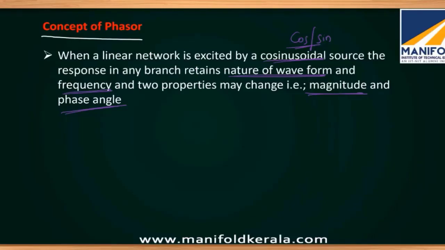So for a linear network, if you excite it by a sinusoidal or cosinusoidal voltage or current, the response in any of the branches will have two properties which are identical to the excitation: the nature of the signal will not change and the frequency will not change. The two parameters that can change are the amplitude and the phase angle. Understand?